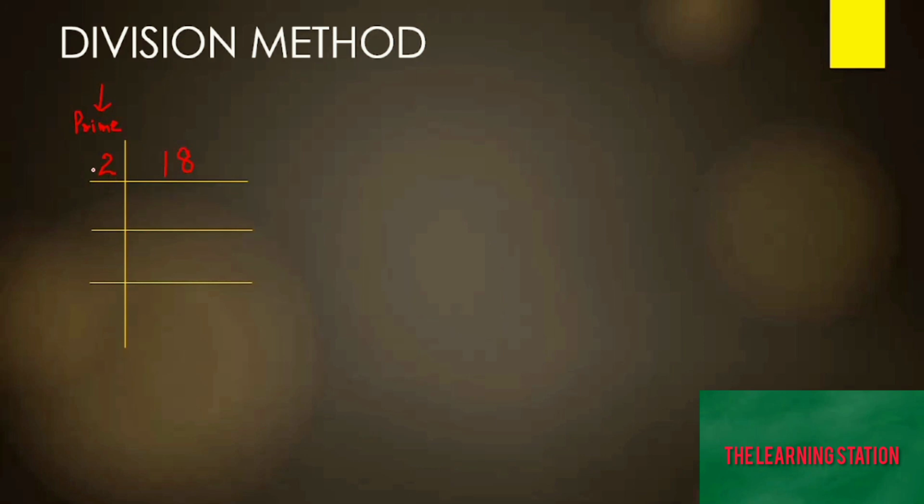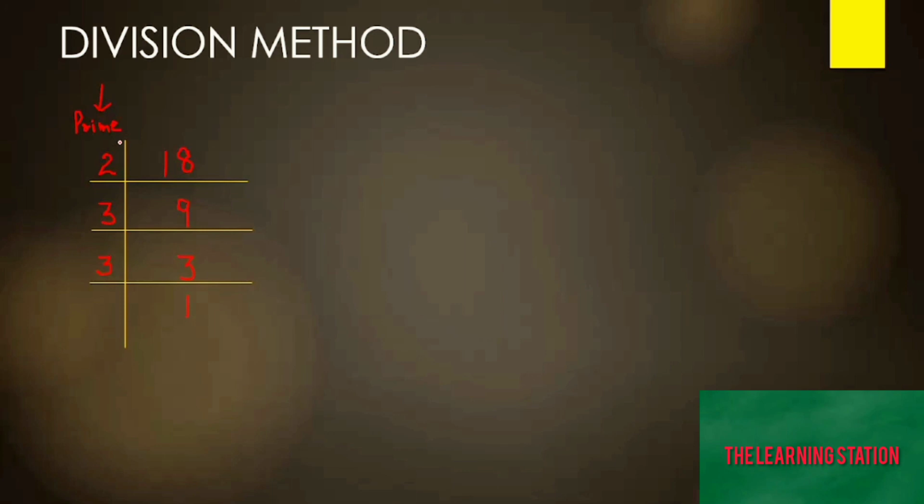So 18 divided by 2 would give us 9. We will write 9 below 18. Can you further divide 9? Yes, we can. So 9 comes in the table of 3, that is, 3 threes are 9. Can you further divide 3? Yes, it comes in the table of 3 itself, and 1, that's it.